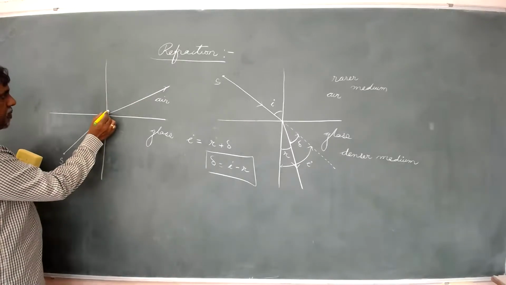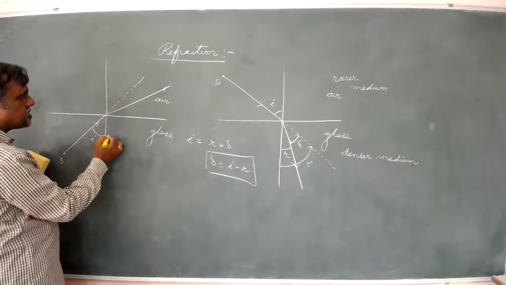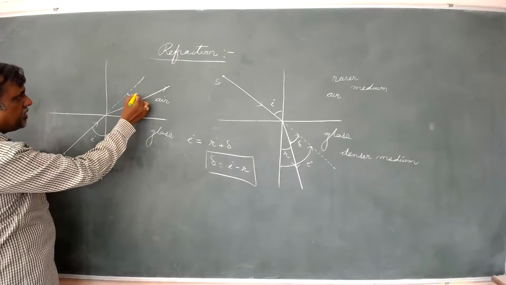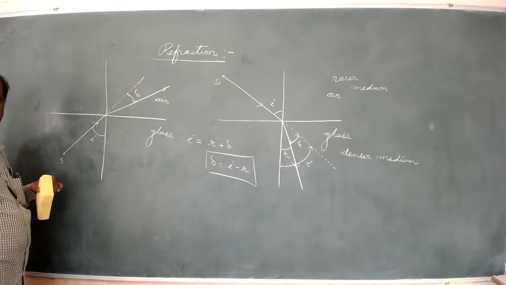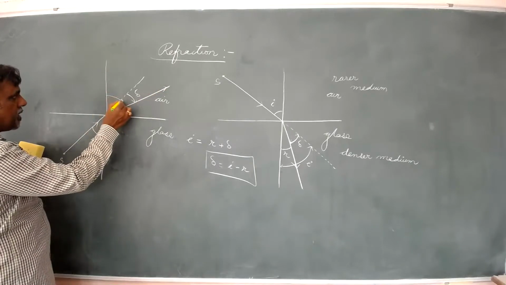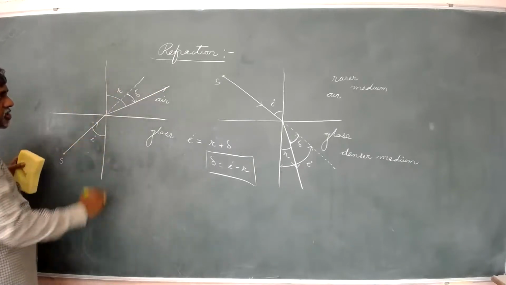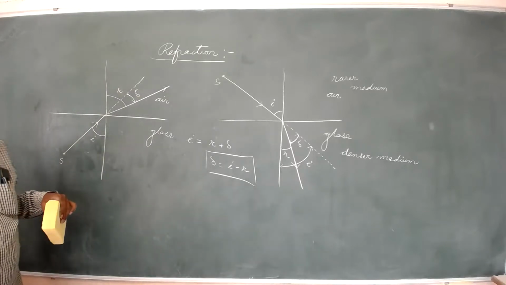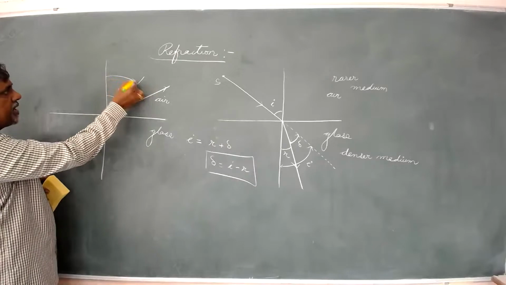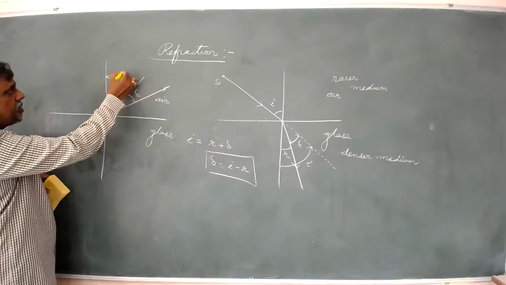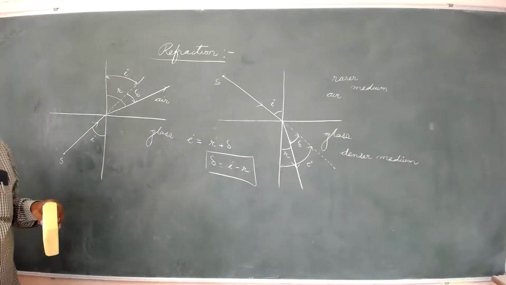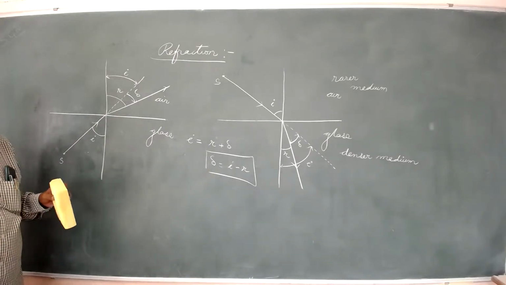Now the actual propagation of the light ray is this. From the usual propagation, the light ray undergoes a deviation in this direction. The angle between the refracted ray and the normal is the angle of refraction. When this is the angle of incidence, what will be this angle? Even this angle becomes the angle of incidence.